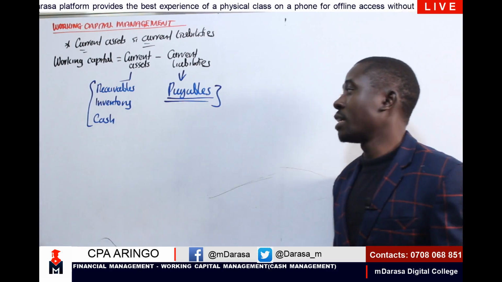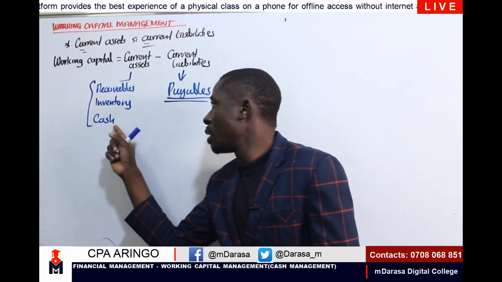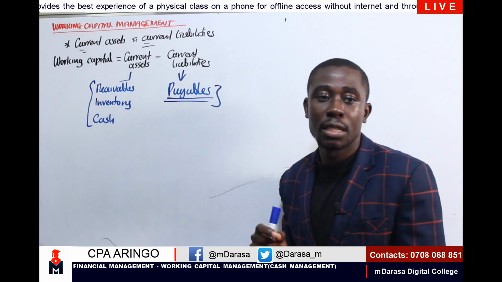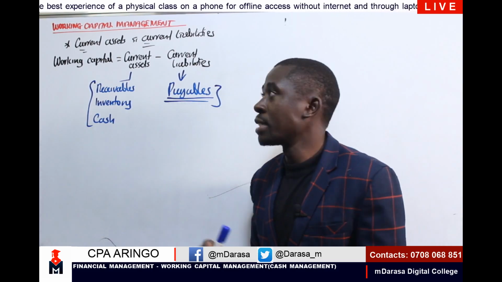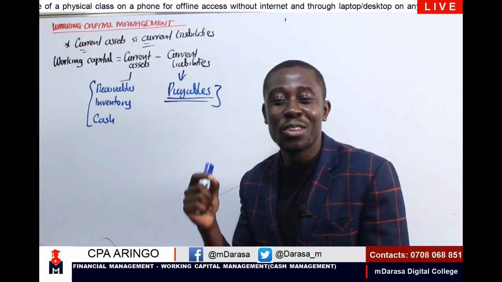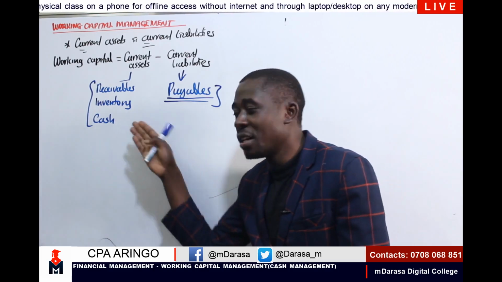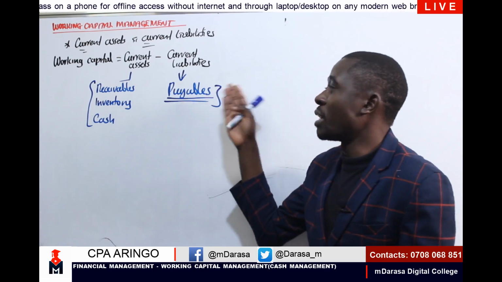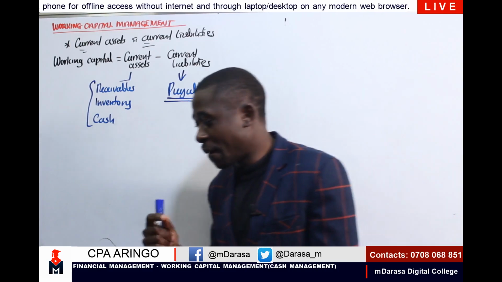In our class today, I want us mainly to focus on cash management, because by now we've understood that anytime you're talking of working capital, we'll be looking at current assets, and we've also seen the main components of current liabilities.